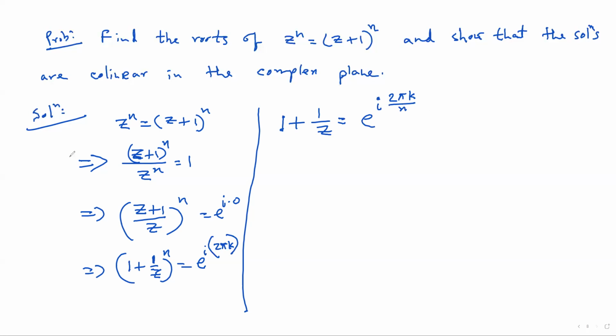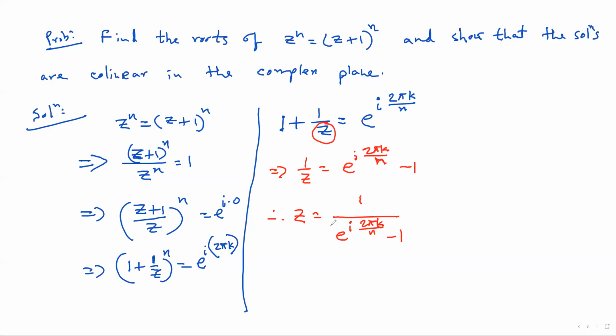So now it's clearly visible why this method is helpful. I can just make z the subject of my equation. So 1 over z is e to the power i times 2 pi k by n minus 1. Therefore, z is 1 over e to the power i times 2 pi k by n minus 1.